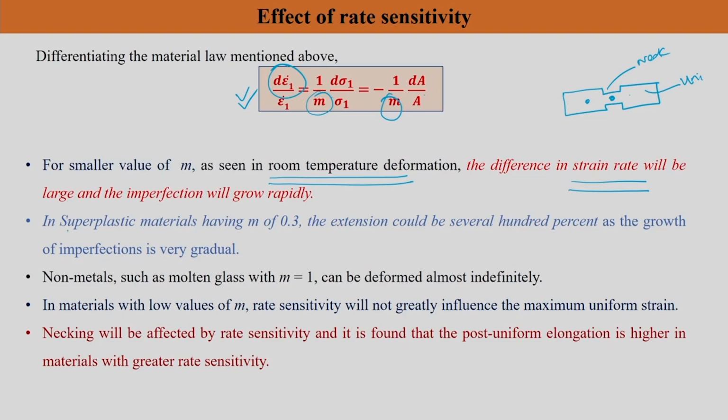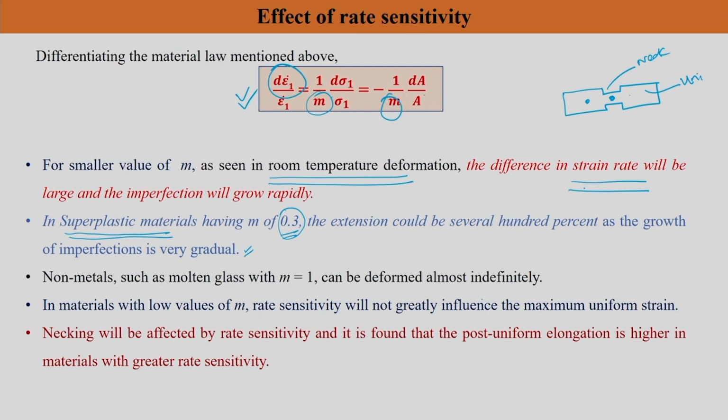But there are some materials like superplastic materials where m is going to be very large, of the order of, let us say, 0.3. You will see that the extension could be several 100% as the growth of imperfection is very gradual. So, for the neck to become severe, and to have a failure at that particular location due to localization of neck, m plays a larger role, and for those materials which have pretty large m value, you will have several 100% of elongation or extension.